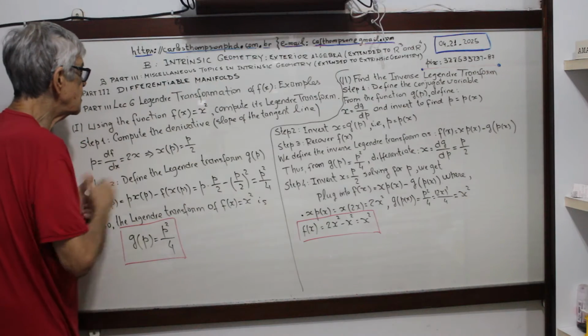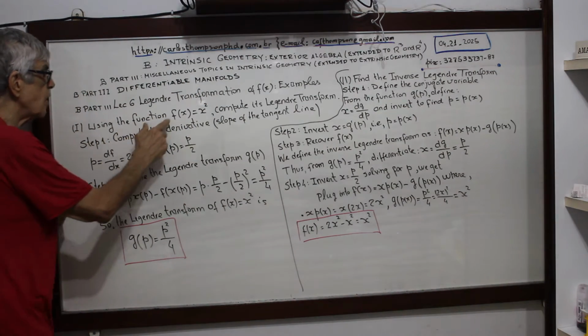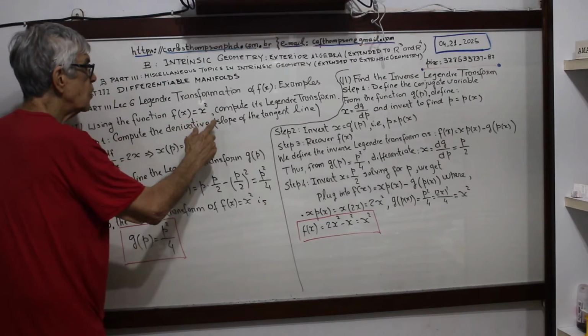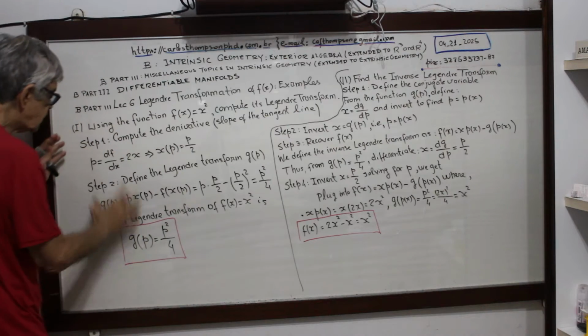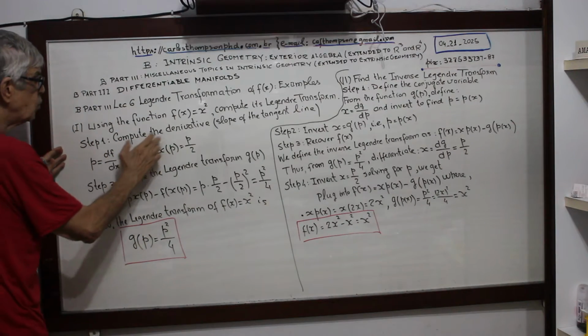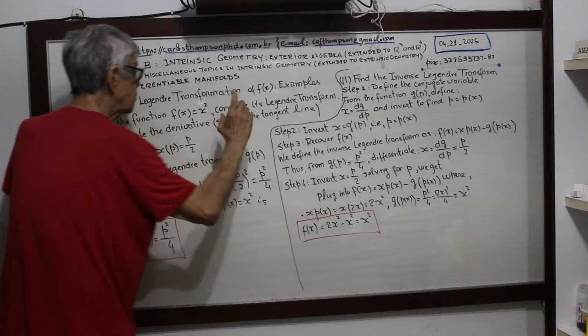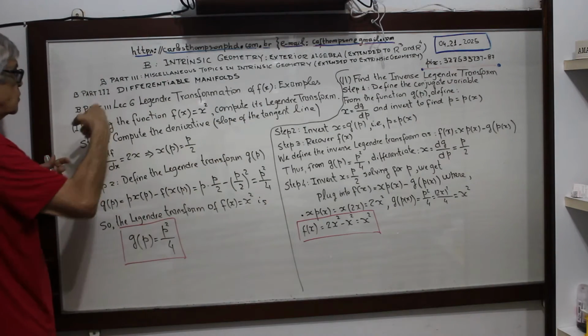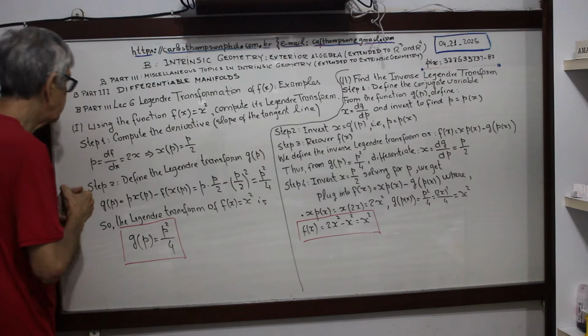Now let's see this example here. Example one, using the function f of x is equal to x squared, compute its Legendre transformation. Now, step 1, compute the derivative, the slope of the tangent line. Don't forget from the previous lecture 5 in this case.